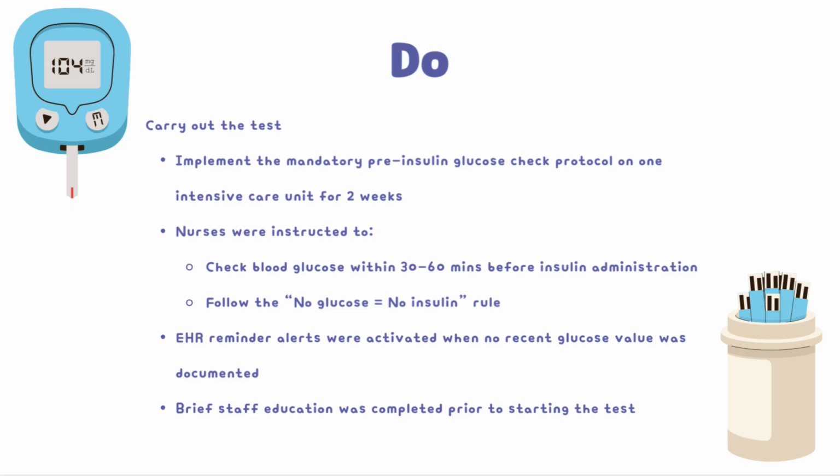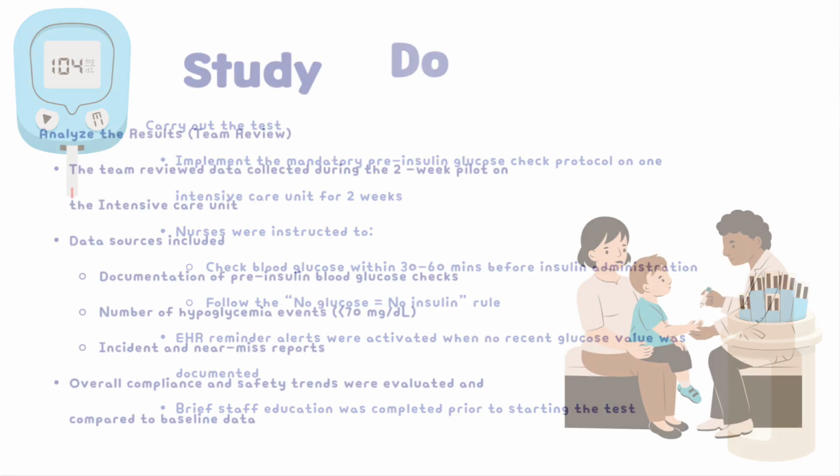Electronic health record reminder alerts are also activated to notify staff when no recent glucose value is documented. In addition, brief staff education is completed before starting the test to ensure everyone understands new expectations and procedures.